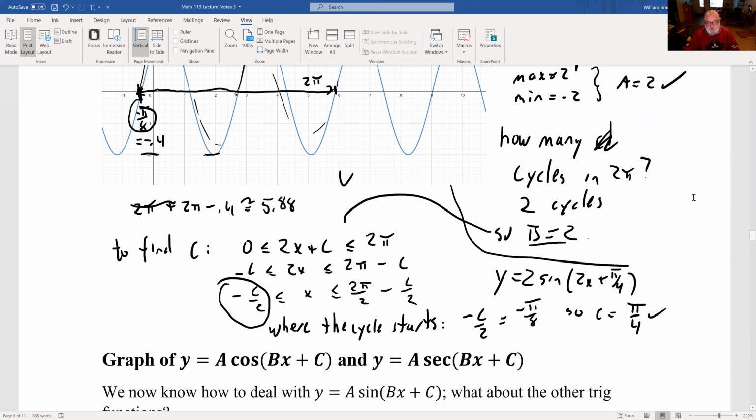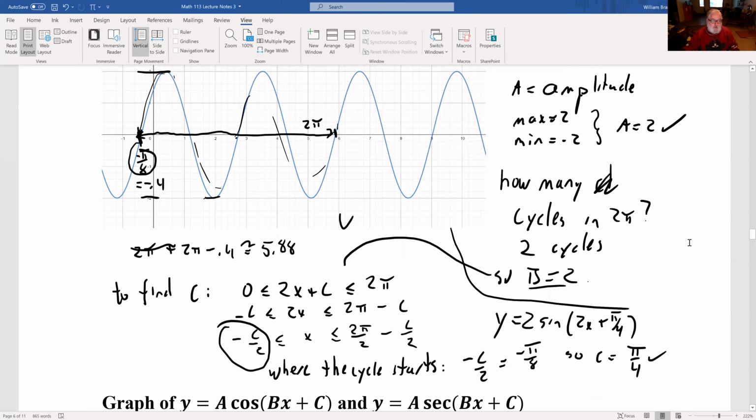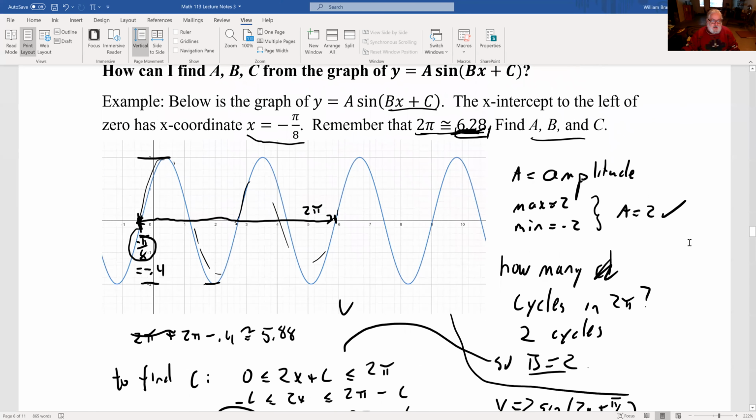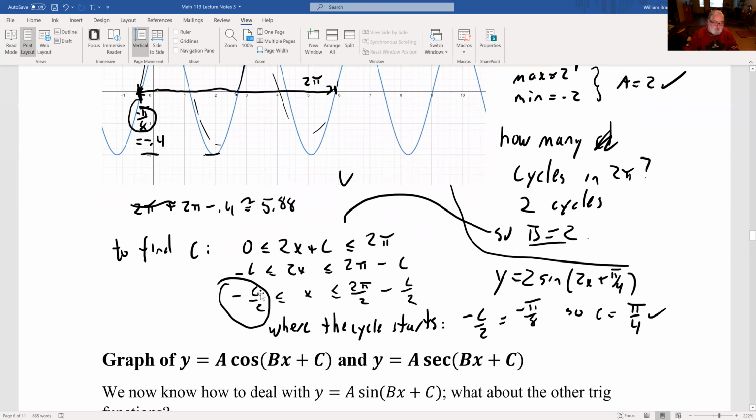And that gives us our graph. So if I have a picture of the graph, the amplitude is just how high up and down it goes. B is how many cycles you fit into 2 pi. And then the point where you start is minus c over b, and if you know b, then you can find c.